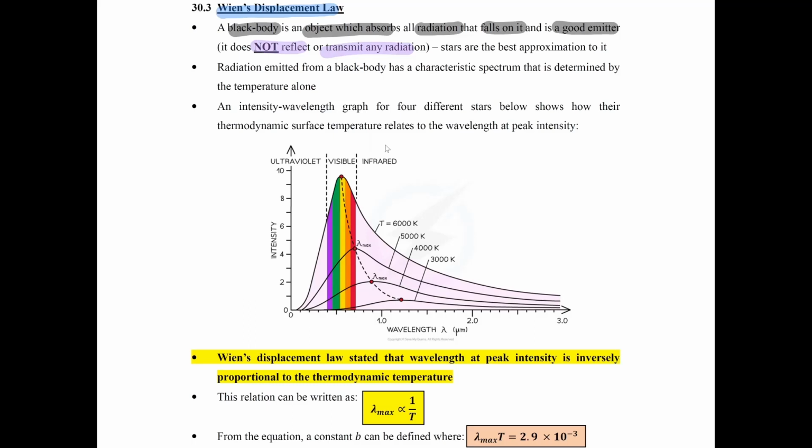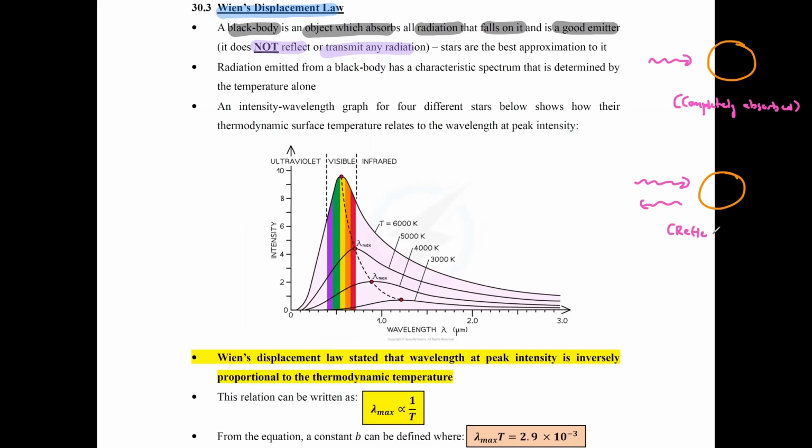So meaning to say right now, if this is your black body, any radiation that falls on it will be completely absorbed. It's not supposed to do any kind of reflection, meaning to say if the radiation comes here like this, it's not supposed to be reflected the other way.